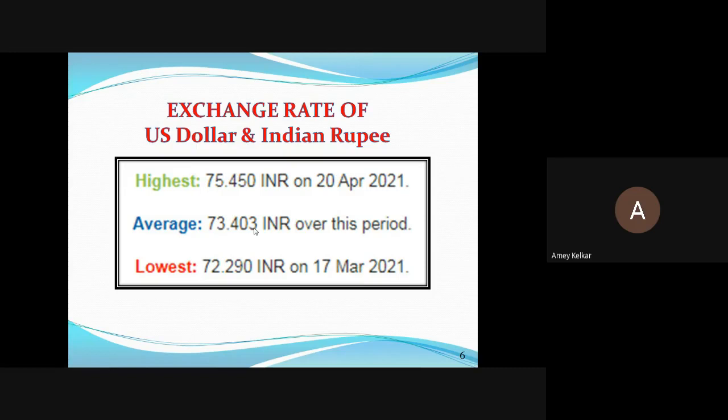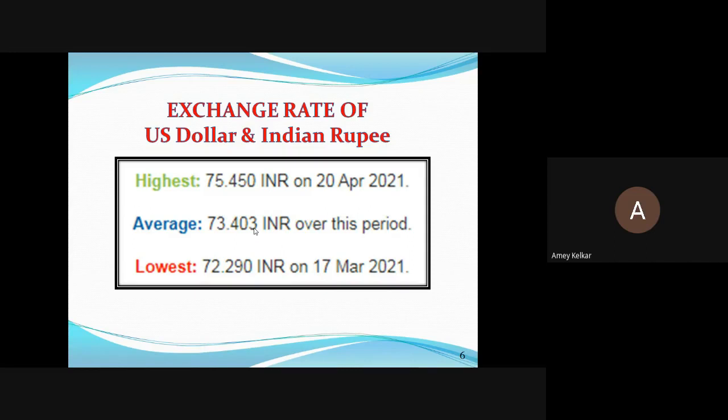Because your rate is the lowest at that time. And this is what has to be seen. But if someone wants to send money to you from the US, 20th April, right? Because if he sends you $1 that day, you're getting 75.45. Means if he sends you $1,000, 1,000 will be multiplied by 75.45.